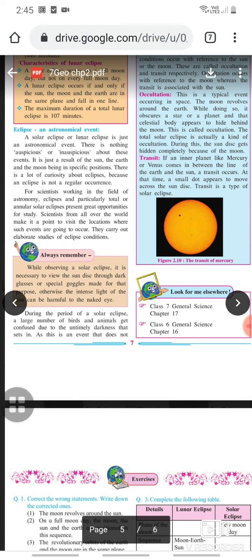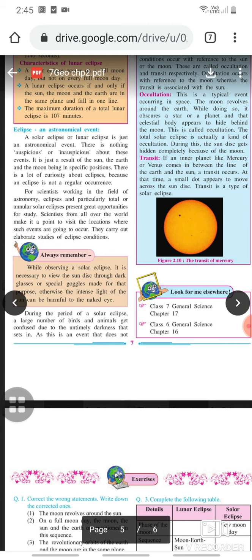For scientists working in the field of astronomy, eclipses, and particularly total or annular solar eclipses, present great opportunities for studies. Scientists from all over the world make it a point to visit the locations where such events are going to occur. They carry out elaborate studies of eclipse conditions.